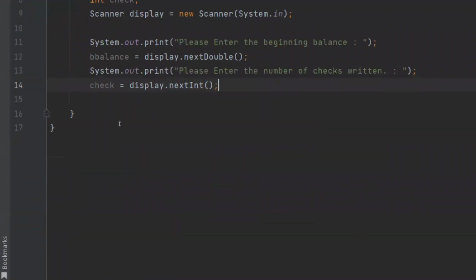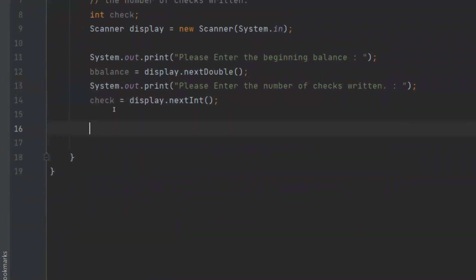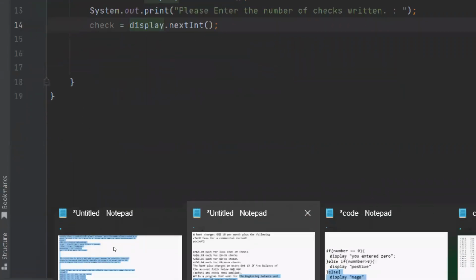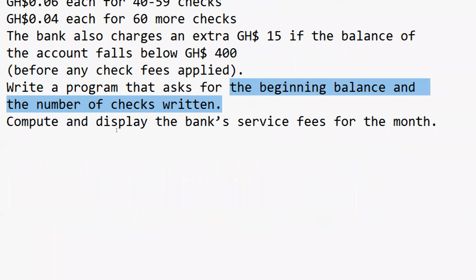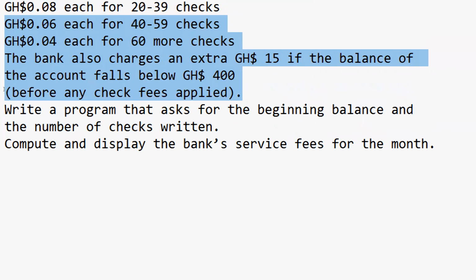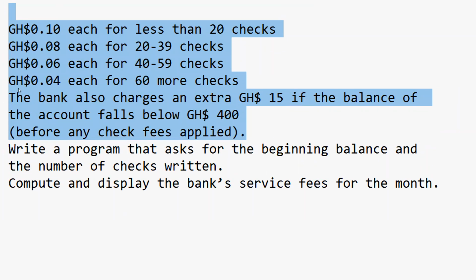Beautiful. So the first half of the question asks for this and this. We have done it. So this half, where is it? It's here. That says, write a program that asks for the beginning balance and the number of checks written. We have done that part. The next half says compute the fees. Now, the information they gave you here will help you compute the fees.